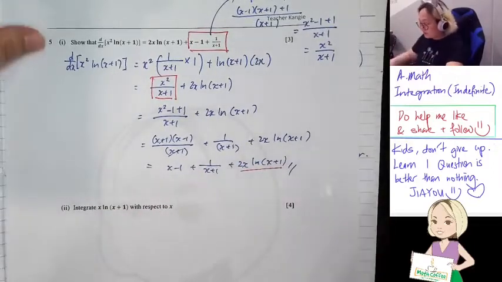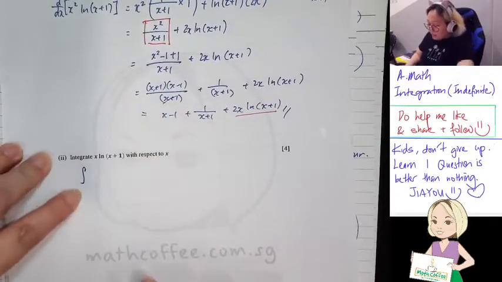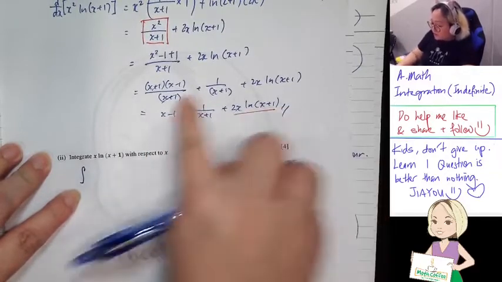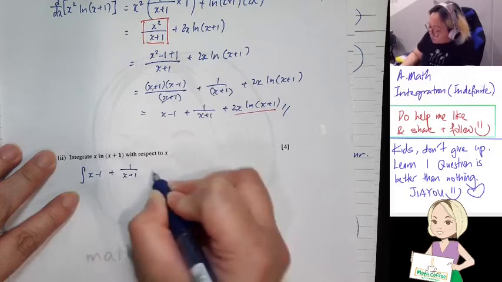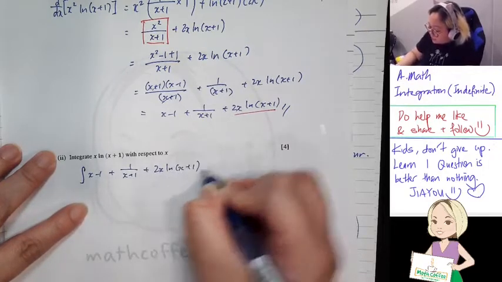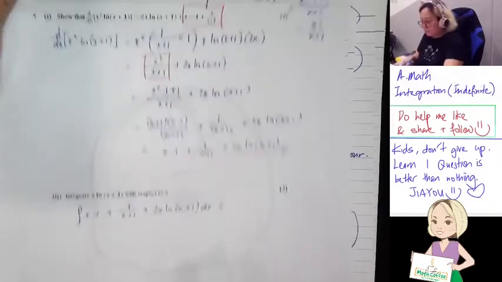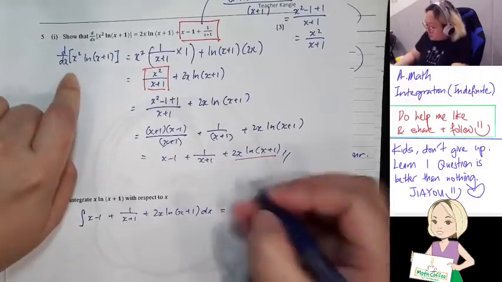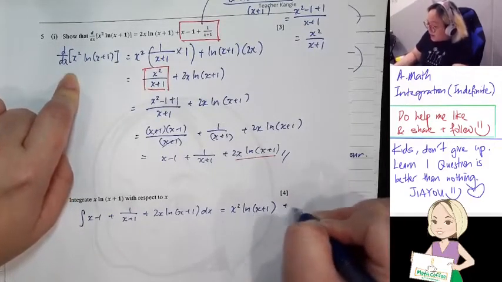So when I integrate this whole thing, x minus 1 plus 1 over x plus 1 plus 2x ln(x plus 1) dx, it will give me back my y, which is x squared ln(x plus 1) plus c.